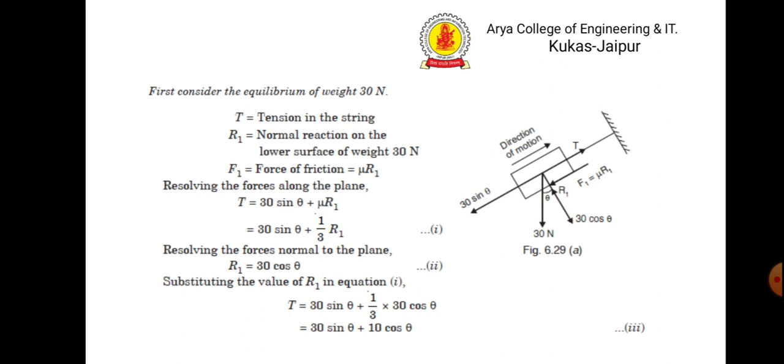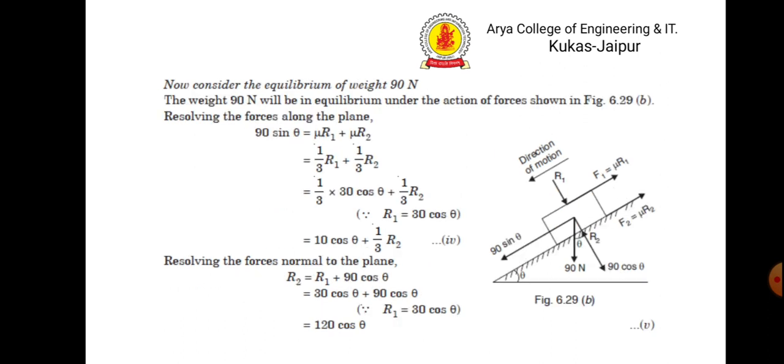Now we are considering the equilibrium conditions of the 90 Newton weight. As it is given that the 90 Newton weight moves in the downward direction, the direction of motion will be downward. One reaction is R1, which is of this 30 Newton force on the 90 Newton force.